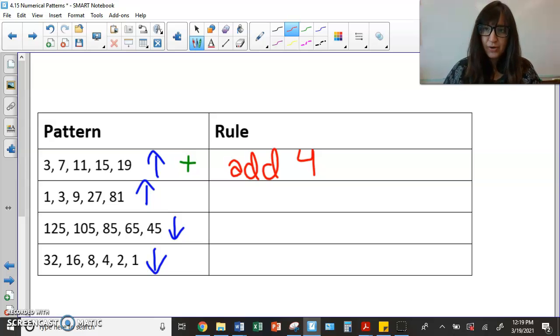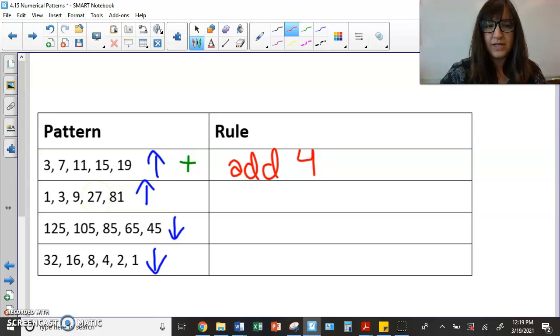But I also know that it could be multiplication. So I'm going to go back and try to multiply. So 1, I know that 1 times 3 equals 3. So let me see if I can multiply each number by 3 to get the next number in the sequence of the pattern. So then I have 3 times 3. 3 times 3 is 9. Then I have 9 times 3 is 27.